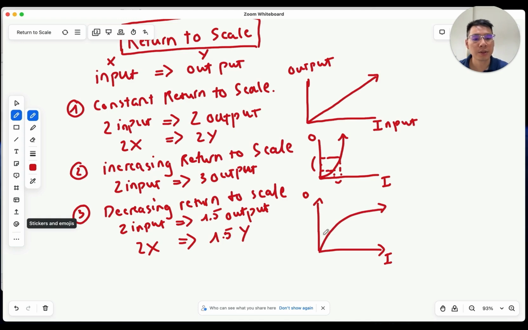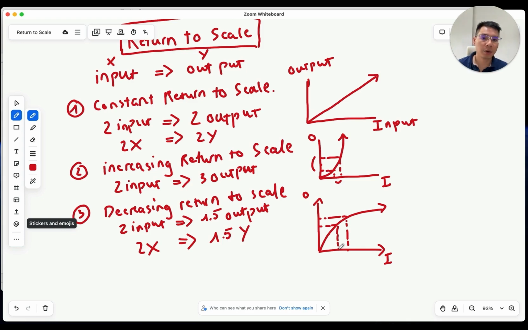You're still increasing your input, but around this part you're not getting as much output as you want compared to the inputs you put in, until it flattens out. You're not getting any more from the output. Those are the three different behaviors.